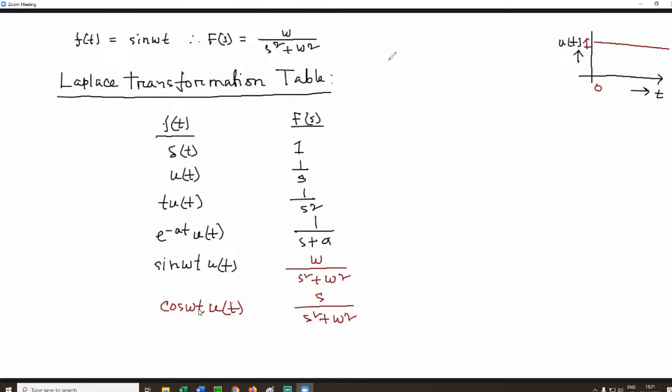Suppose you have d by dt xt, and you want to take the Laplace transformation of this function. What will be the value in the frequency domain?